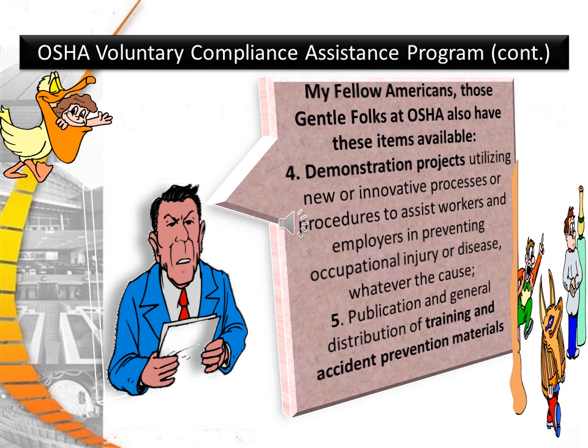The Voluntary Compliance Assistance Program will also include demonstration projects utilizing new or innovative processes or procedures to assist workers and employers in preventing occupational injury or disease, whatever the cause. OSHA will also provide publications and general distribution of training and accident prevention materials. OSHA consultations are conducted at no cost and on an ongoing basis.